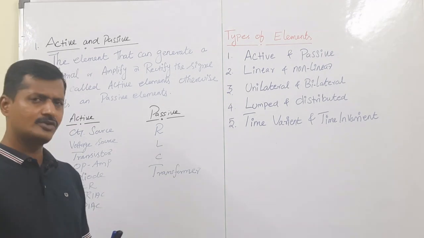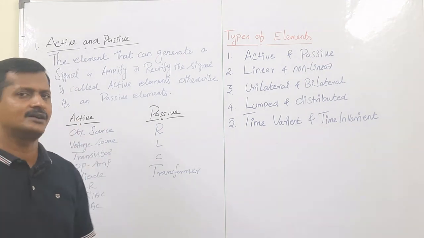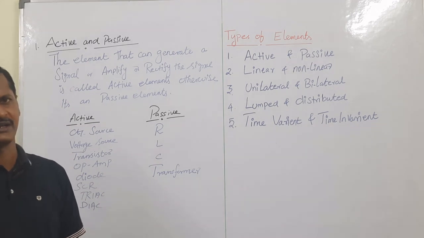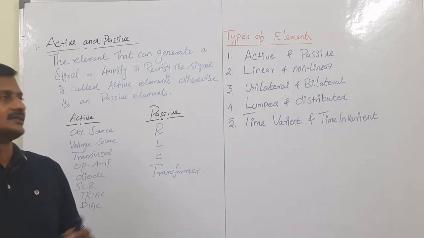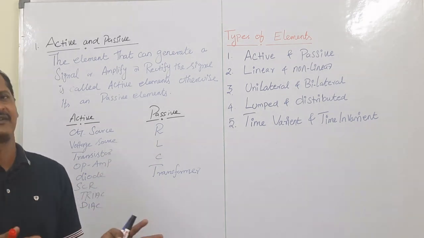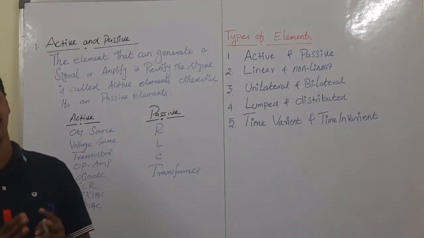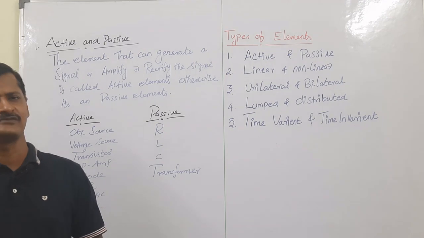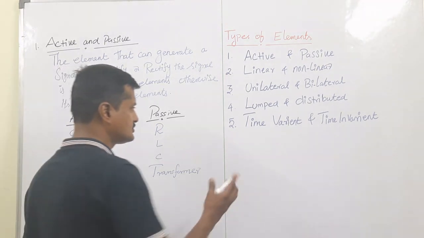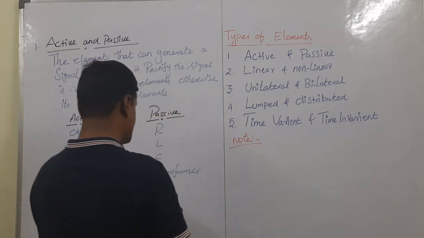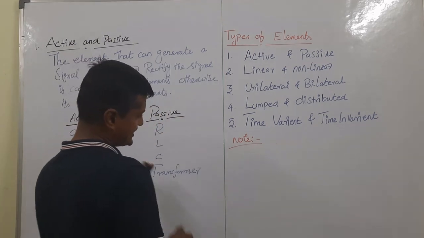One more note point. We represent active and passive elements in the 4 quadrant. The passive element always has a positive slope, and the active element always has a negative slope.